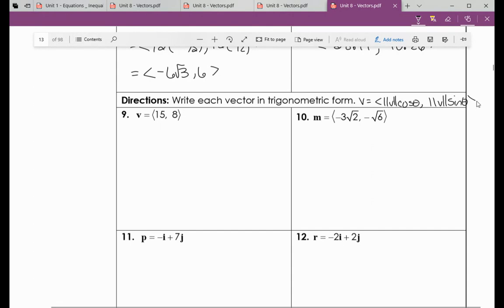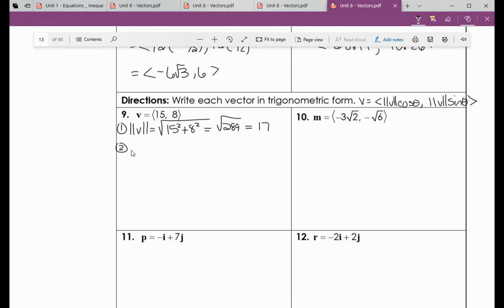So we have a lot of work to do because we were given a vector and now we're going to have to find the magnitude, we're going to have to find the directional angle, and then we're going to plug that information in. So the first thing I need to do is the magnitude of v, which would be square root of 15 squared plus 8 squared, which gives me square root of 289, which is 17.